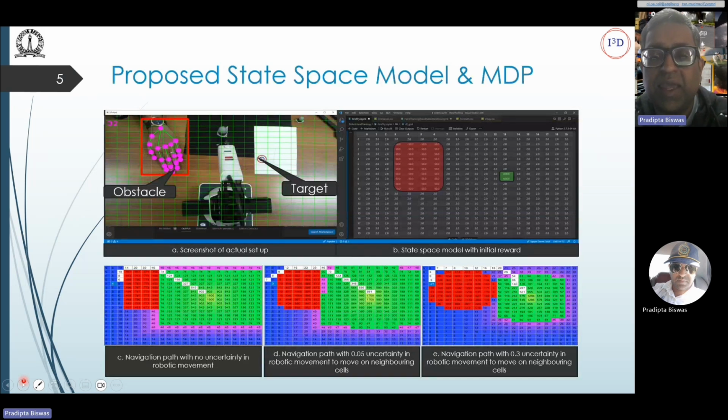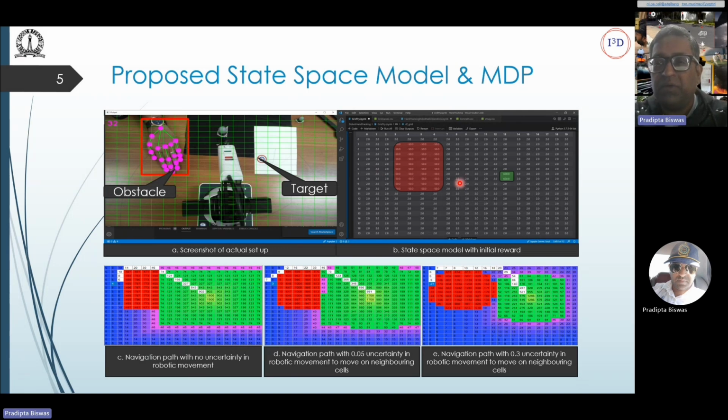This is one example that we took from the value iteration class, where we have a fixed base robot, and we were trying to move this robot without touching this hand. We used Google MediaPipe to detect the hand. Then we discretized the whole space where the robot end effector can move.